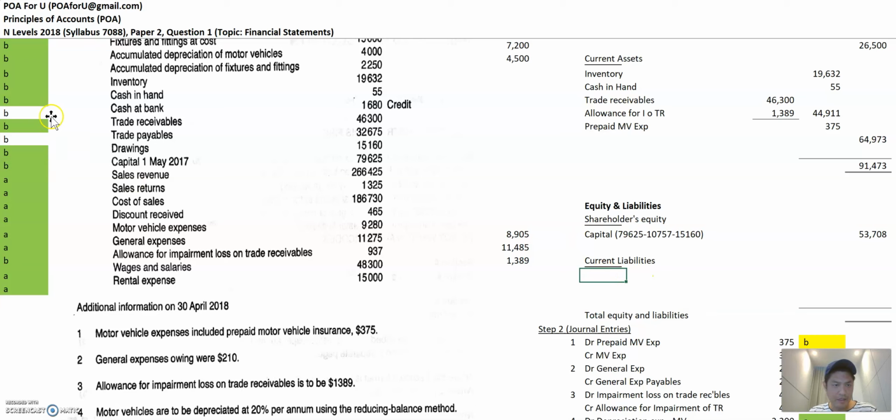Then current liabilities, we have cash at bank, required bank overdraft when it's a credit balance, right? Bank overdraft 1680, and then I'm going to mark that as done. And trade payables, I'm going to mark this as done. Trade payables, and that is 32675.